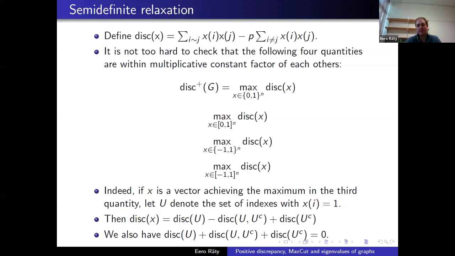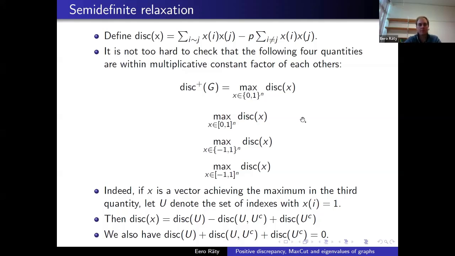To get some idea, it's convenient to stare at these four related quantities, which closely resemble what the discrepancy looks like.